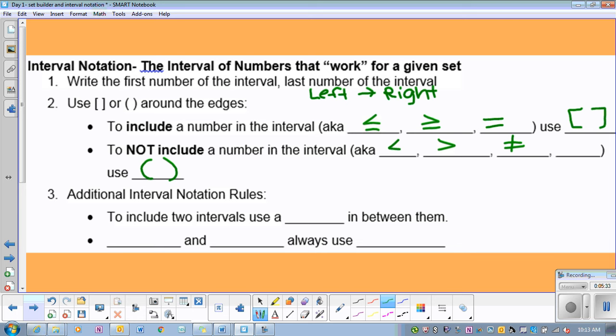And by the way, guys, when I talk about an interval, I'm basically talking about just a piece of your graph, like a piece of the numbers or the solutions or whatever. All right? Some additional notation rules to include two intervals. Say we have two pieces to our graph, then we need to use something called a union, or a little u, in between them.